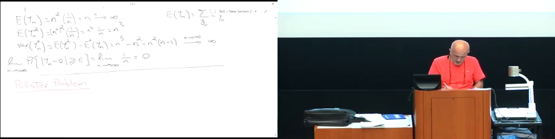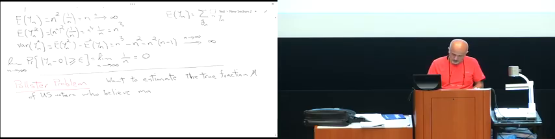So remember the pollster problem. Let's restate that. We want to estimate the true fraction mu of U.S. voters who believe marijuana should be legalized.